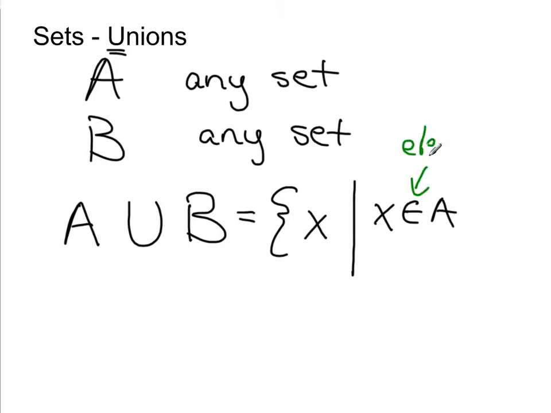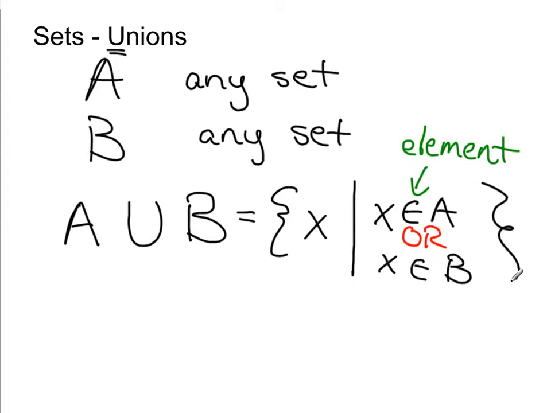It's the fancy way of saying it's an object inside the set A. Then we're going to use this beautiful word called OR. X is an element of B, and that's the end of that set. So that's the union between the two.